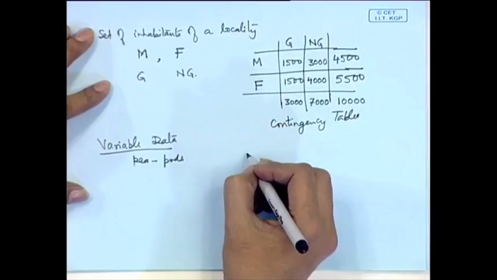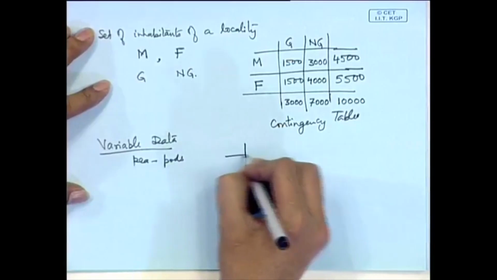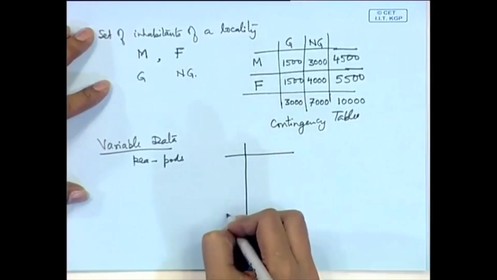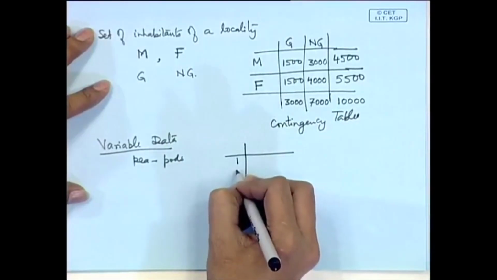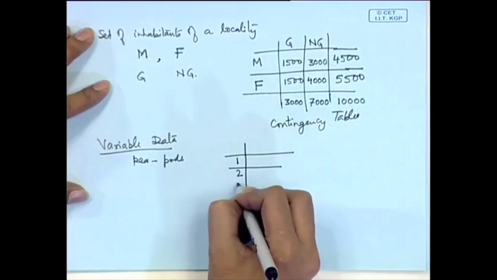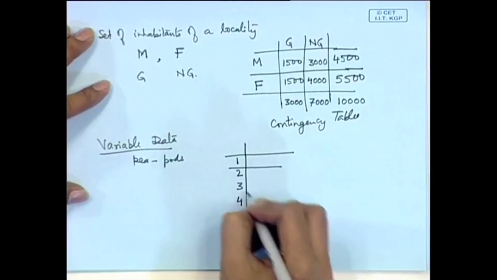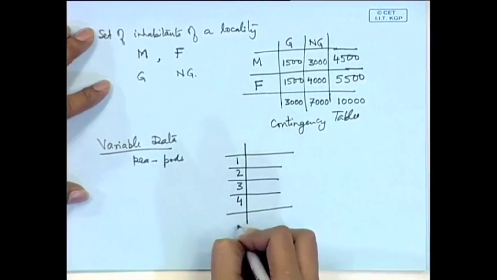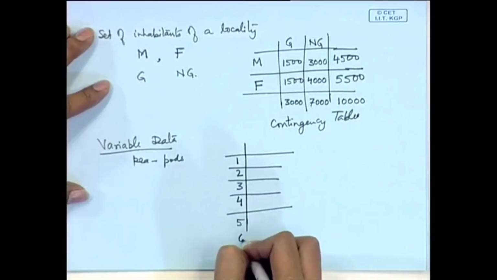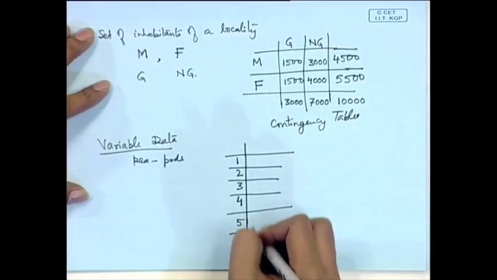Finally, we classify. If it is 0, we neglect it. Out of 198, how many are having 1, how many are having 2, how many are having 3, how many are having 4, how many are having 5, how many are having 6 and how many are having 7 peas.